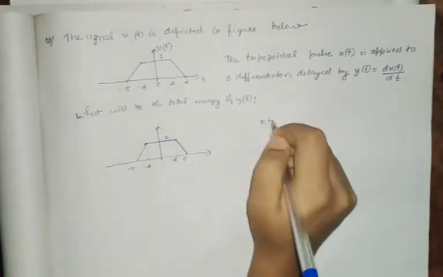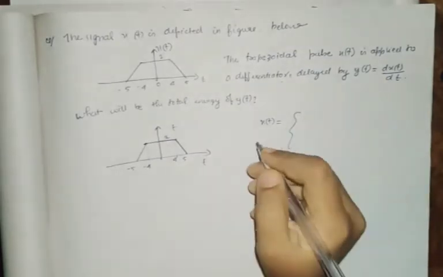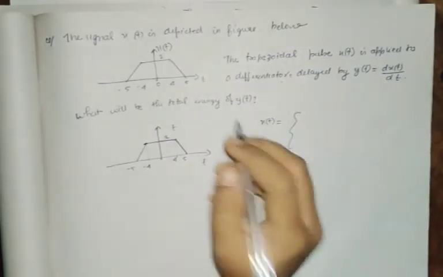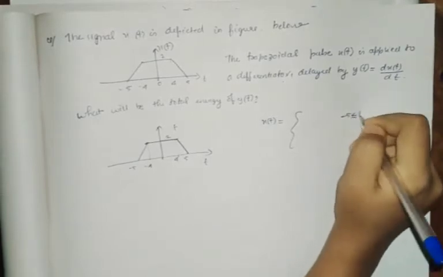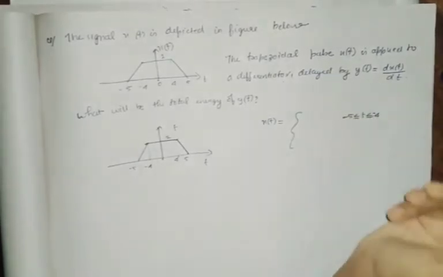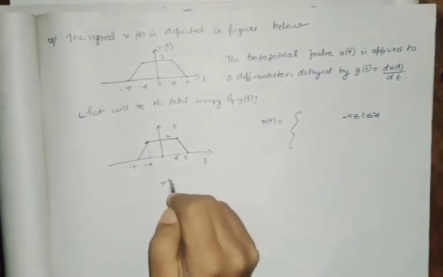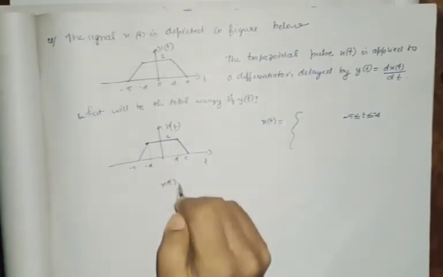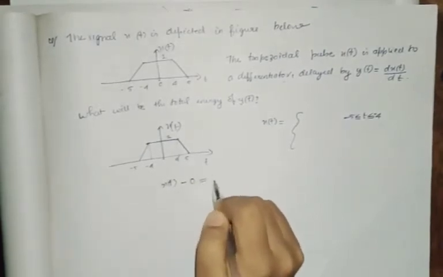So x of t equal to, from minus 5 less than or equal to t less than or equal to minus 4, it is y minus y1. y1 is 0 here, equal to m.